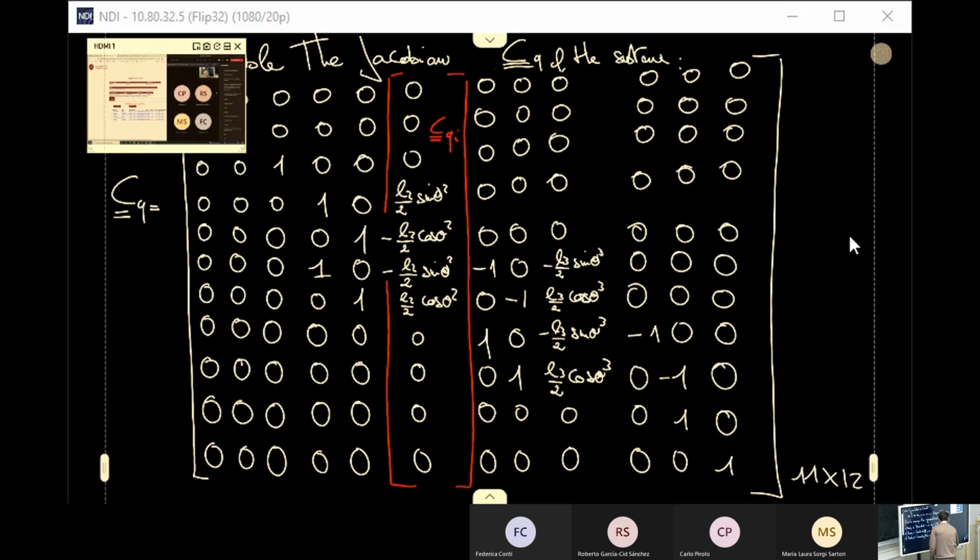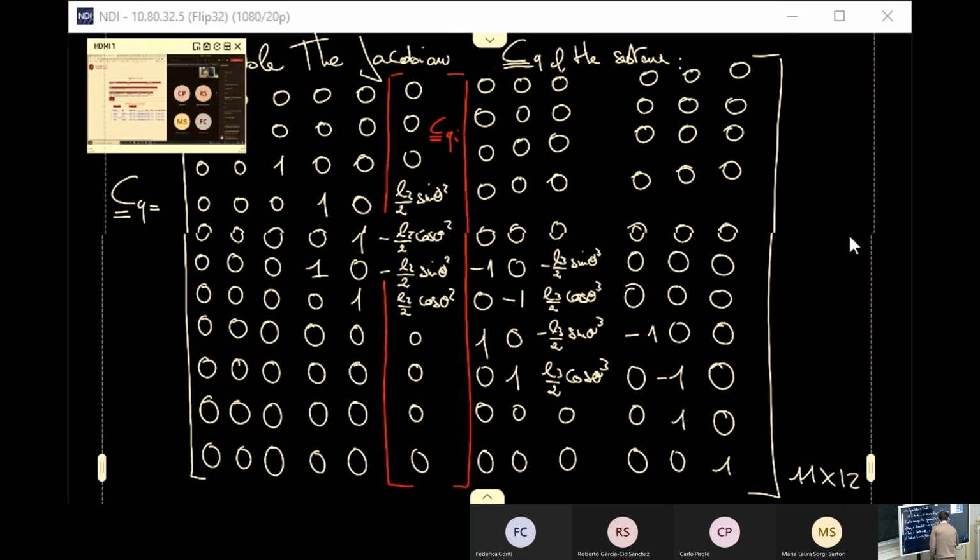So from CQ, the way to actually derive smartly the CQI and the CQD is that CQI is nothing other than the association of the columns whose number is the same as the independent parameters of choice.